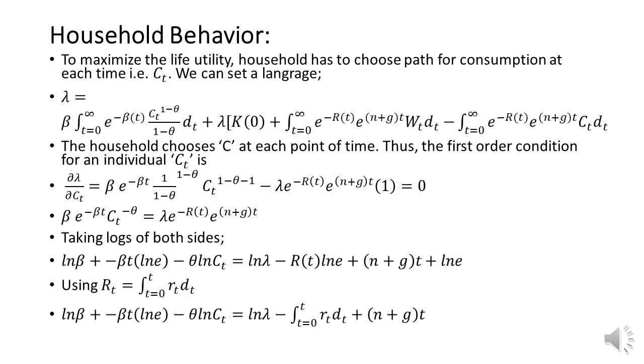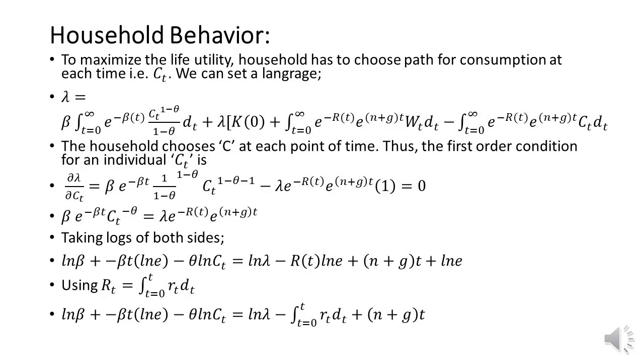Then this is the integration from 0 to infinity, and this is the discounted value of the consumption that the household will conduct to maximize its utility, and then lambda is multiplying this constraint, and the constraint has two parts, the wages, and the wages plus the initial capital being subtracted by the consumption.